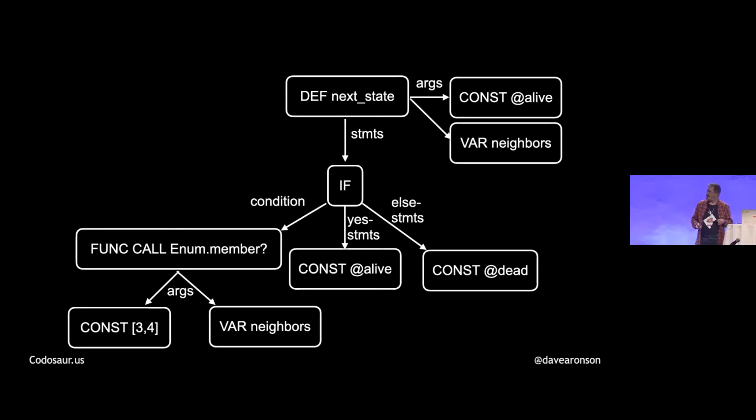So suppose our tool had started traversing this function subtree from that AST I showed you earlier and has gotten down to this if statement. For each way that the tool could change that one node, it would make a fresh copy of this subtree with that one node changed in that one way.